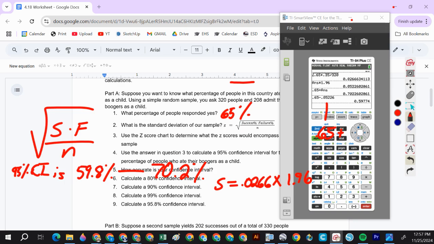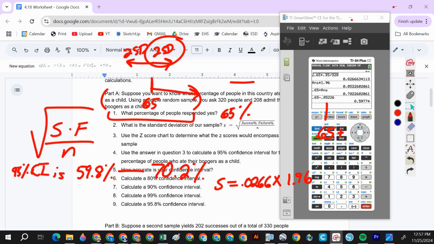Where did you get stuck? So my center is 65%. I need to go right 2 SDs, and I need to go left 2 SDs. And that will create a window. Yeah, we did this in the last assignment. And so how far is it going to be from here to here?